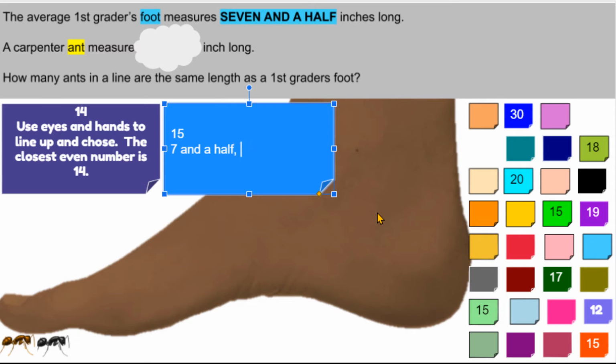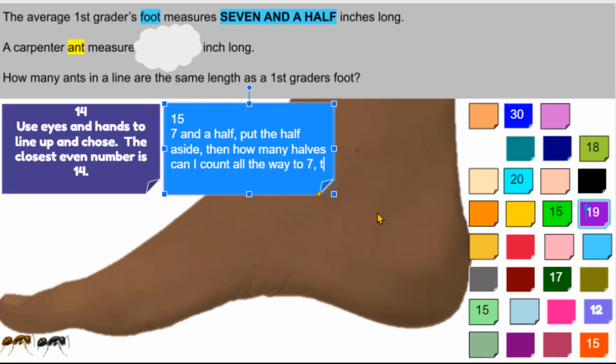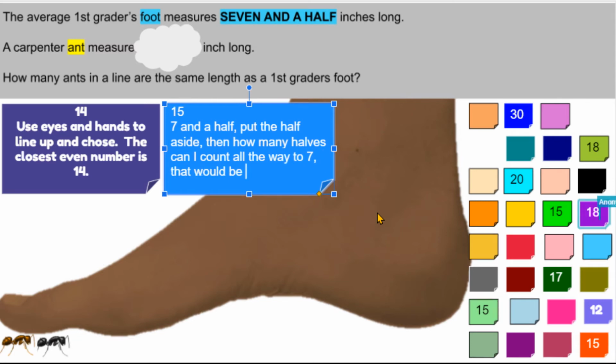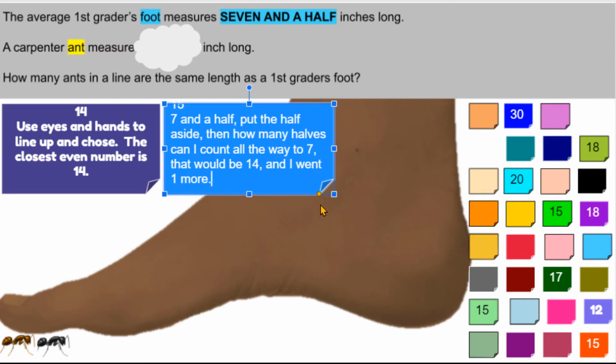So then visually, looking at how many halves that I can count all the way to 7, and then that would be 14. Then I wanted to do something about 1/2, and then I just went one more, if that makes sense. It really does.